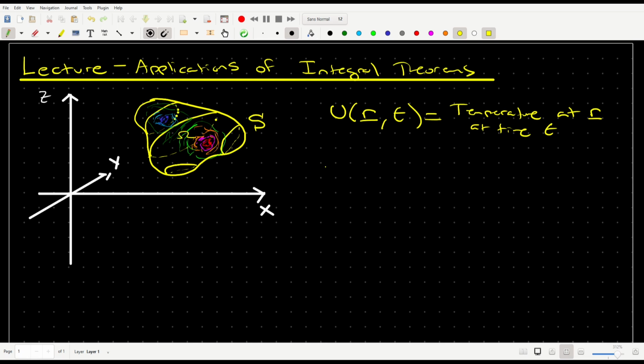So we're going to have some initial temperature, u naught of r, which is a given function, and it's equal to the temperature function at t equals 0.